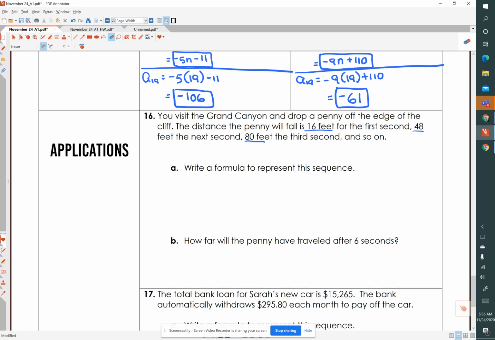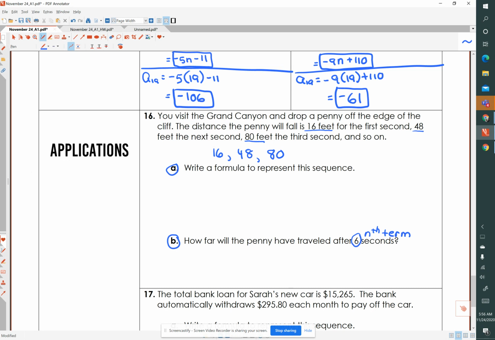So we've got a sequence, and the sequence is 16, 48, 80. So first we're asked to write a formula to represent the sequence, and then we're given an nth term of 6 seconds. That's going to be our nth term.